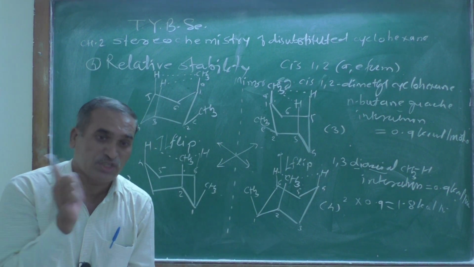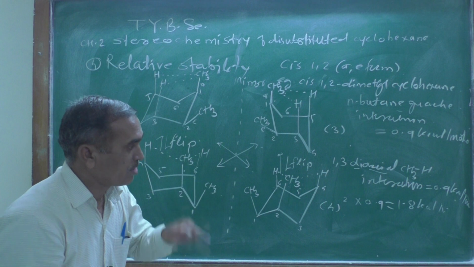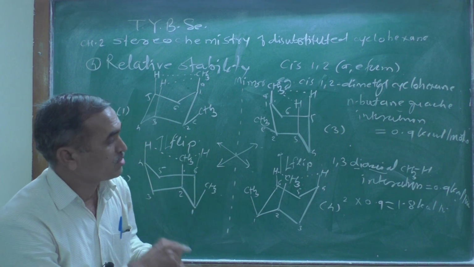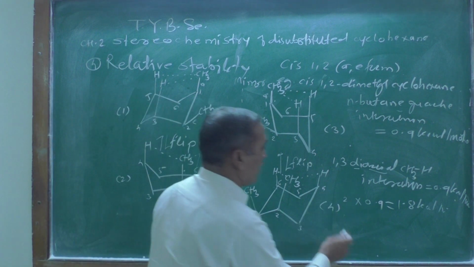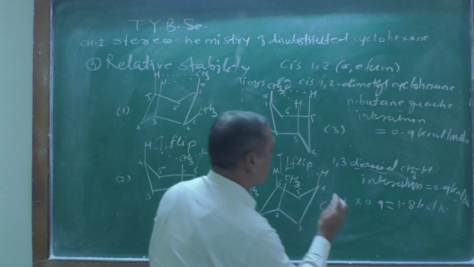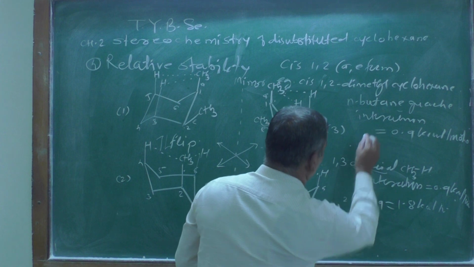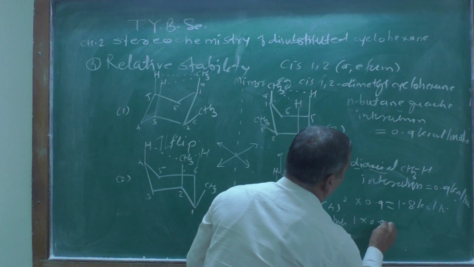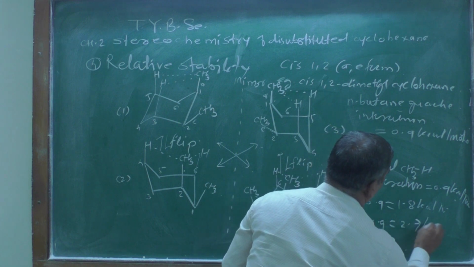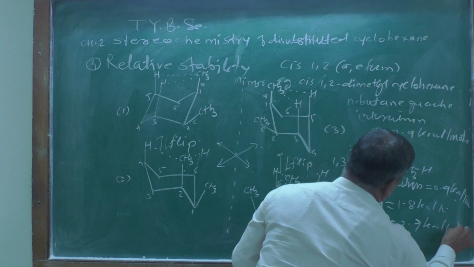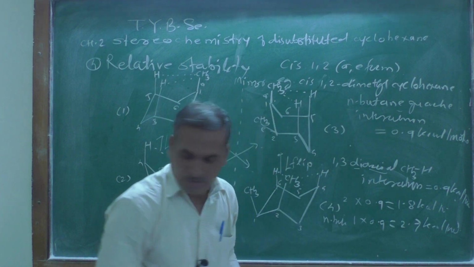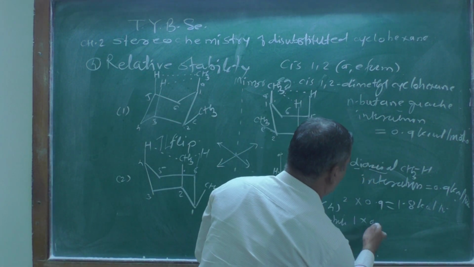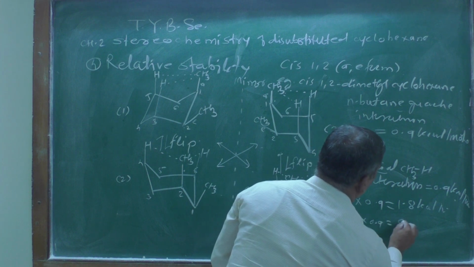But in addition to this, the observed value is 2.7, right? And there is an N-butane Gauche interaction. N-butane Gauche interaction 1 into 0.9. Sorry, I am correcting here, 0.9 is equal to 0.9.